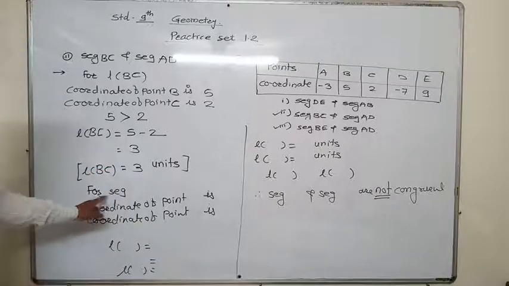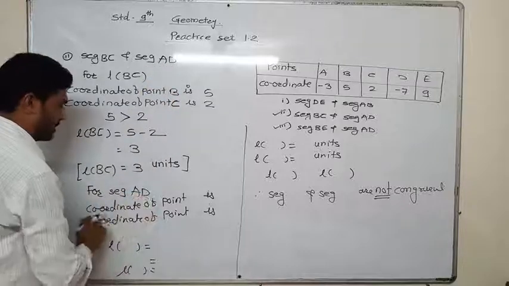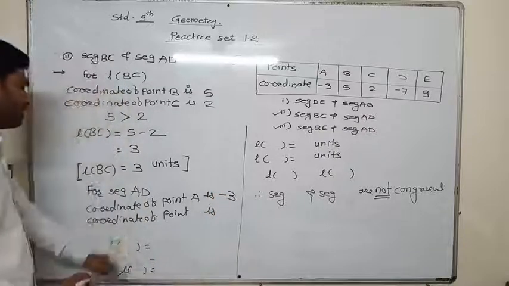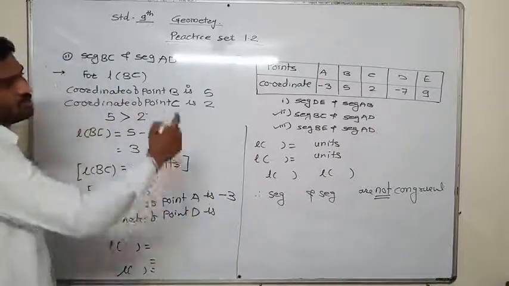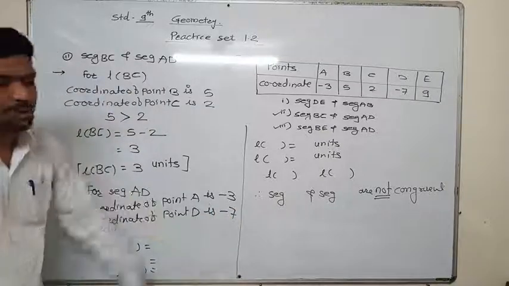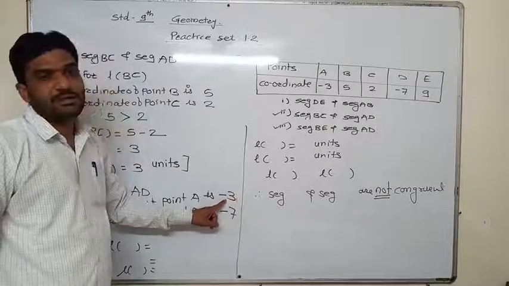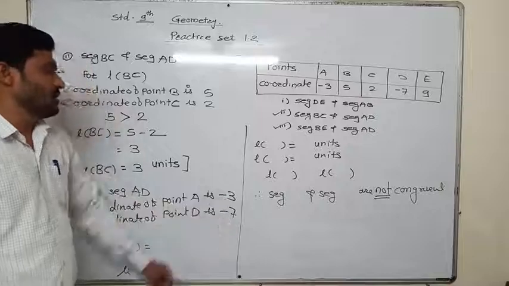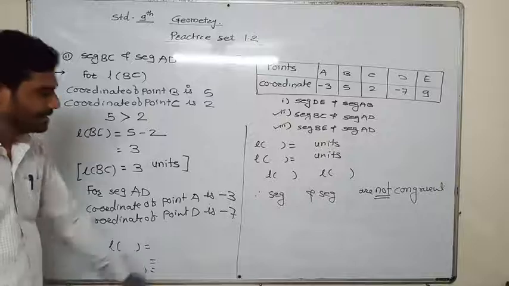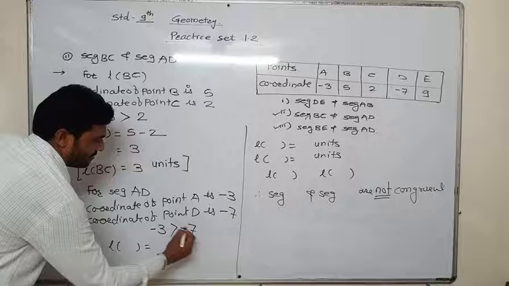Okay, after that for segment AD, the coordinate of point A is -3, and the coordinate of point D is -7. Tell me which is the greater number here, -3 or -7? Minus 3 is on the right-hand side of minus 7 on a number line, so minus 3 is greater than minus 7.